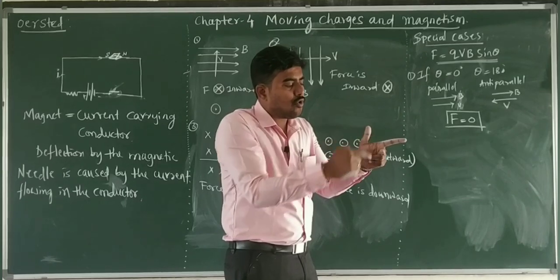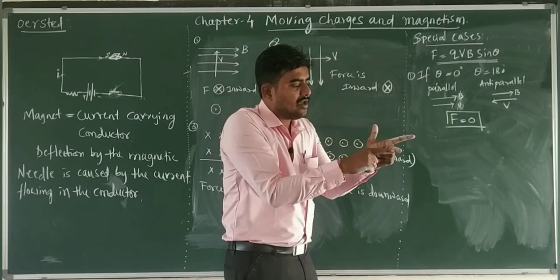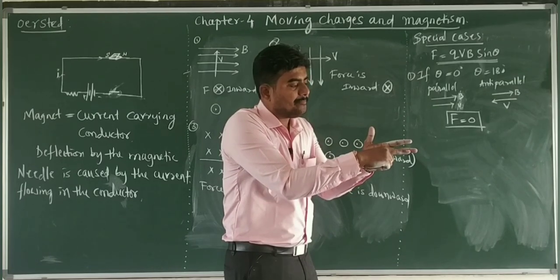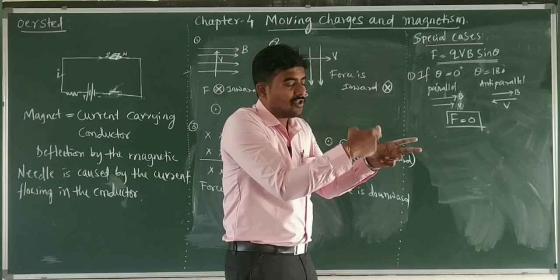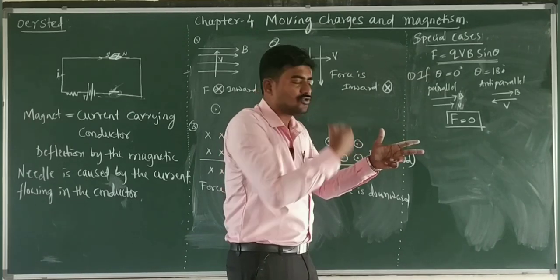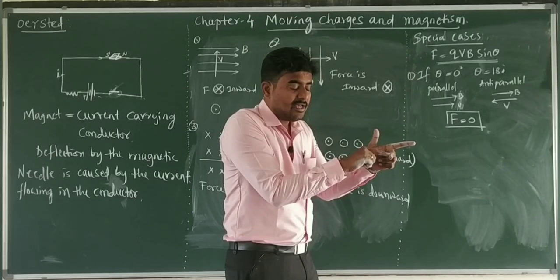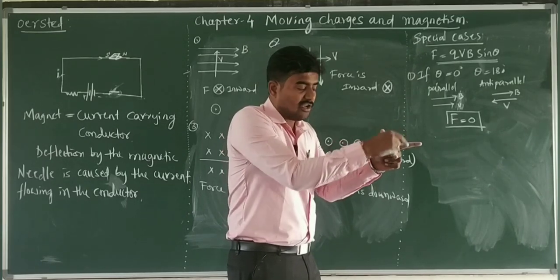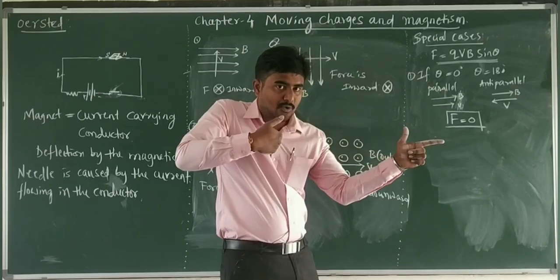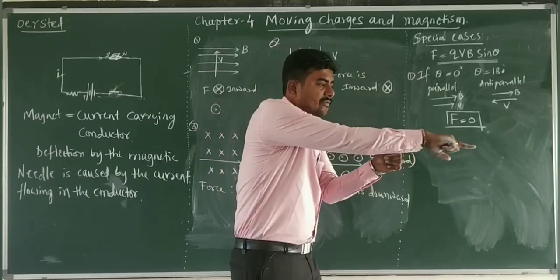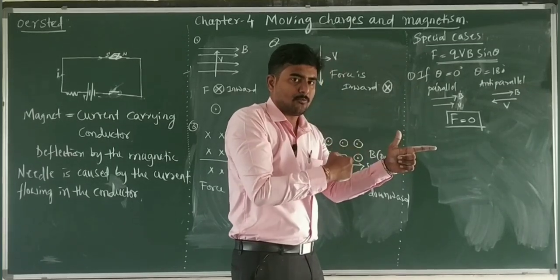If these two are parallel, this is magnetic field and this is velocity, now the force is 0. If this velocity is anti-parallel to the magnetic field, like this, then also the force is 0.